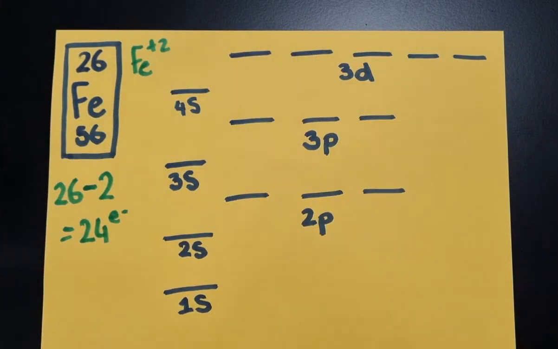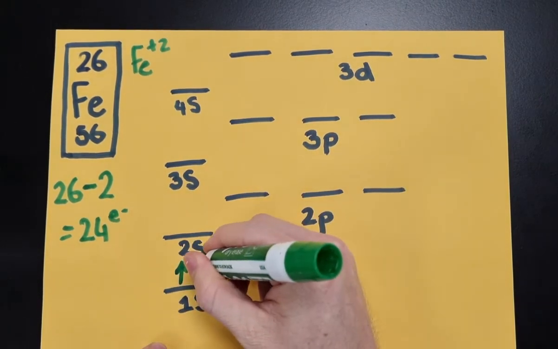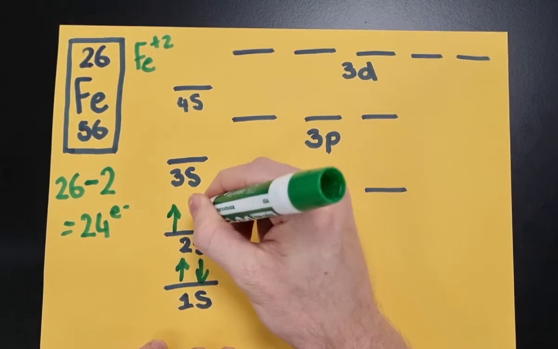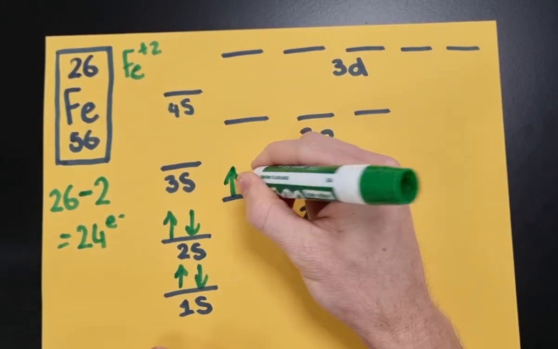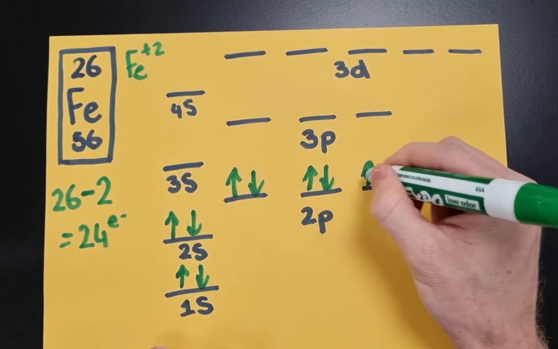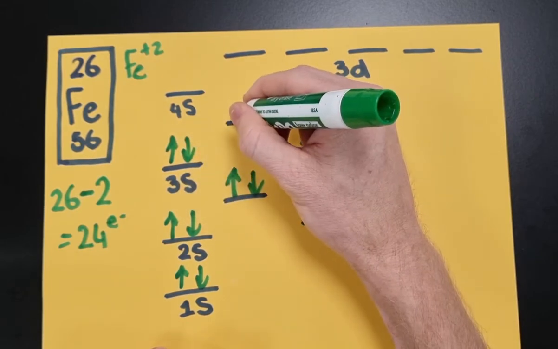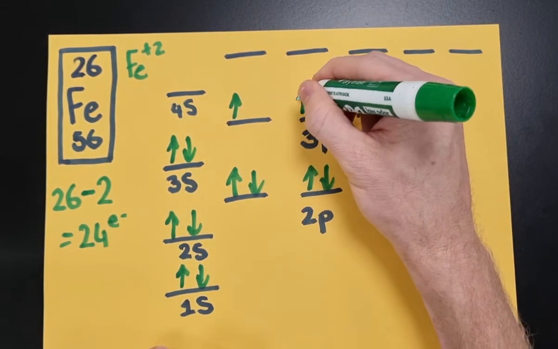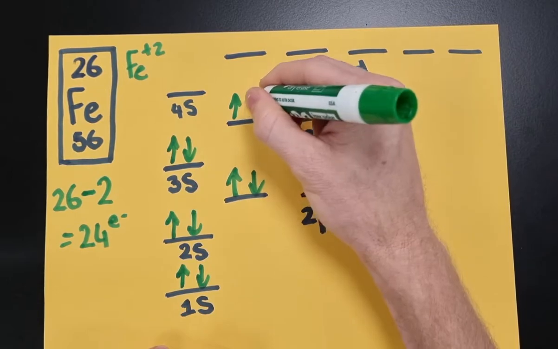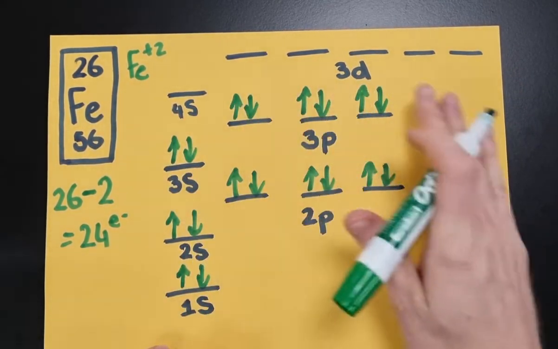This is similar for our ion, because in the case of this one, we would progress as normal, going up and down, up, up, up, and down, down, down, up, down, up, up, up, down, down, down, filling up all of those spots.